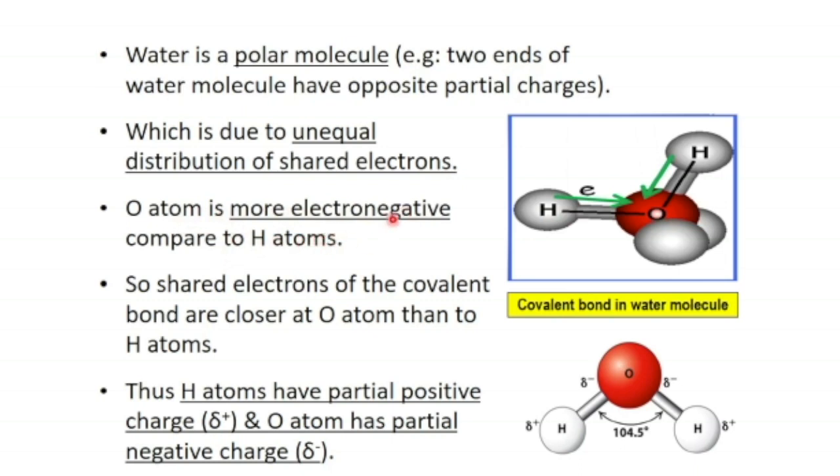Because of this, the shared electrons of the covalent bond are closer to the oxygen atom, or we can say that the shared electrons will be attracted more to the oxygen atom compared to the hydrogen atom, causing the hydrogen atoms to have a partial positive charge and the oxygen atom to have a partial negative charge.